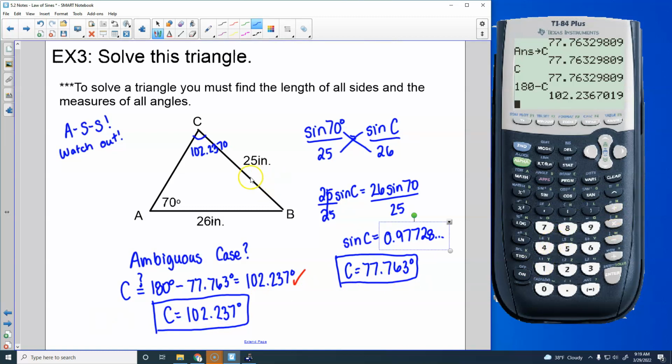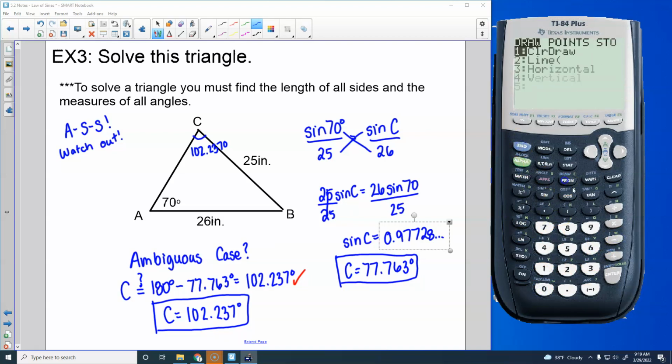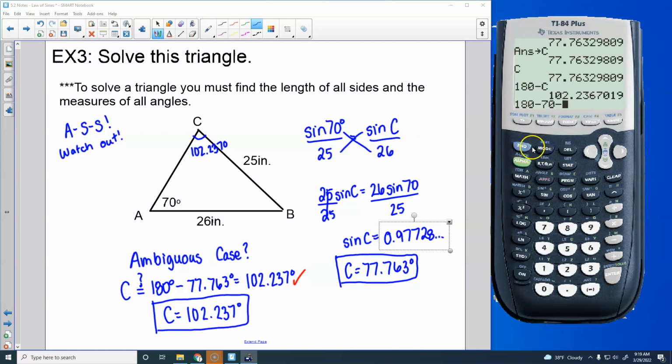So to find B, we would just do 180 minus 70 minus that value for our C. Okay, so our angle B here would be 32.237 degrees.